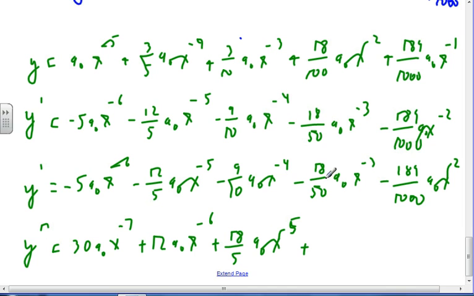What is that? 40, 50, 54? 54 over 50 a0 x to the minus 4 plus 189 over 500 a0 x cubed minus 3.